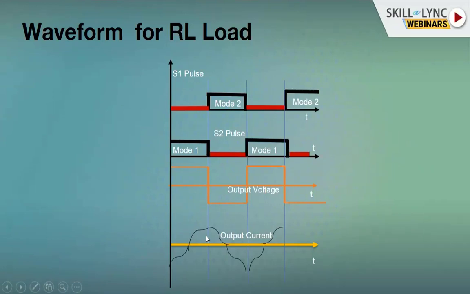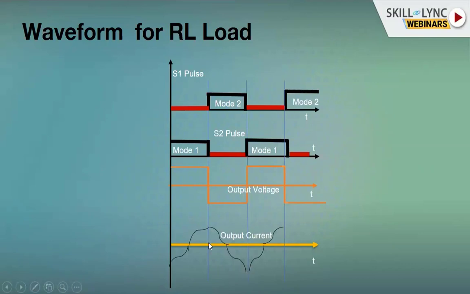But when you go through the output current, your current would not be a square wave. For a resistive load we saw that it is going to be a square wave, but for an inductive load it is charging. As you could see over here, this is the point where it is charging and again it is discharging, so the current comes down and it charges in the negative direction, then discharges in the negative direction, and then goes on charging.